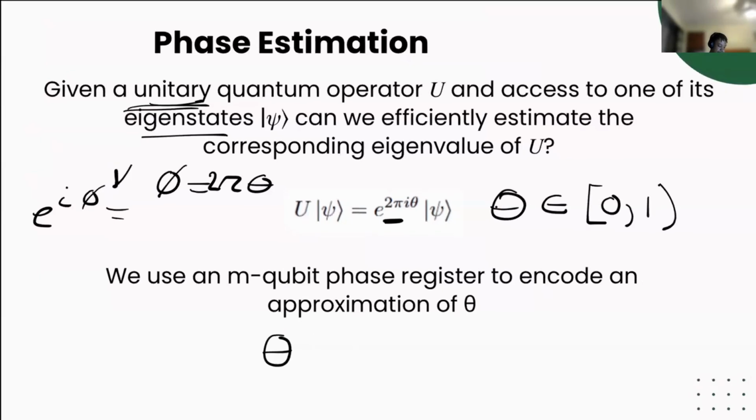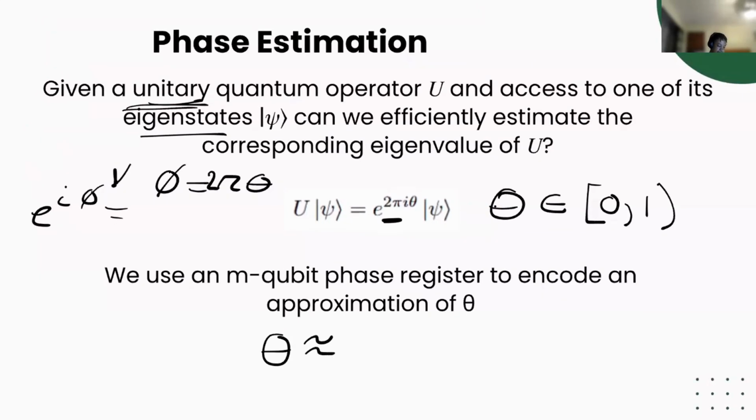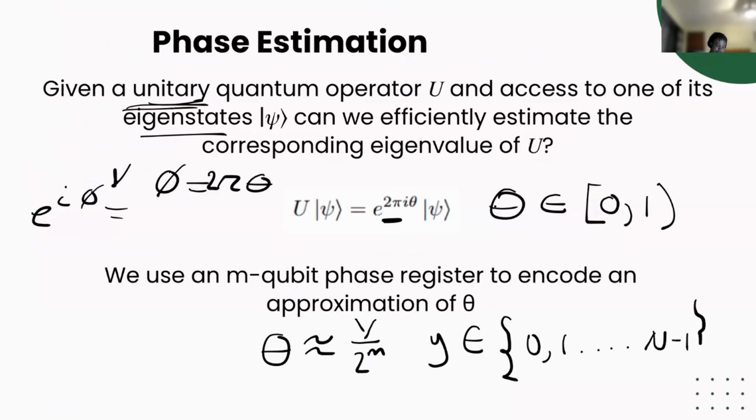We're going to approximate theta by the binary fraction of y over 2^n, where y is contained in the set 0, 1, dot dot dot, up to 2^n minus 1.